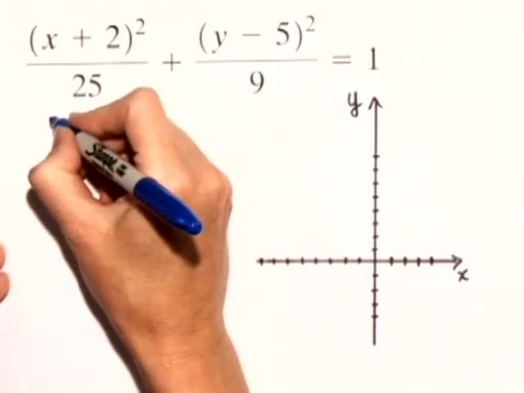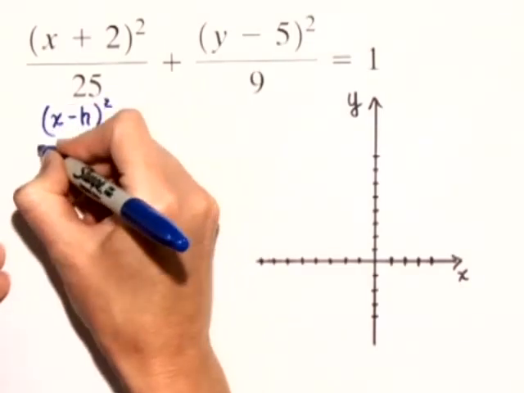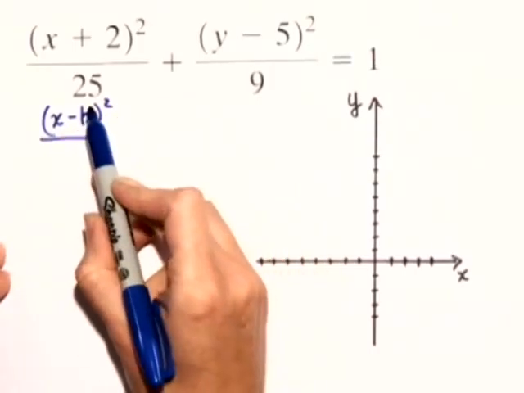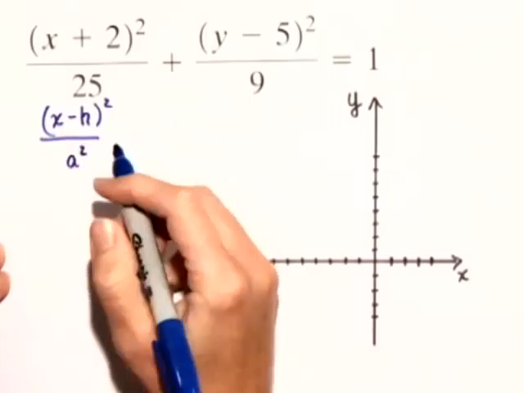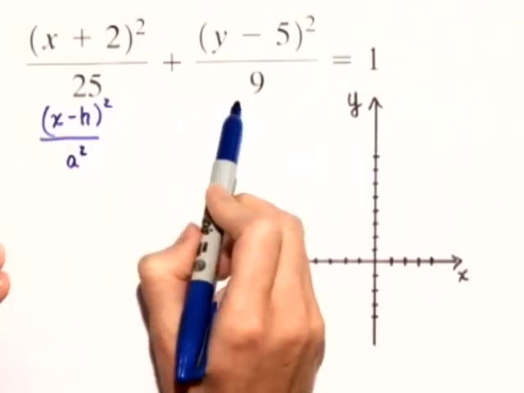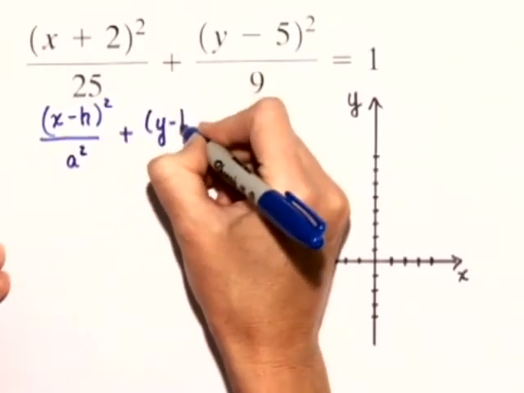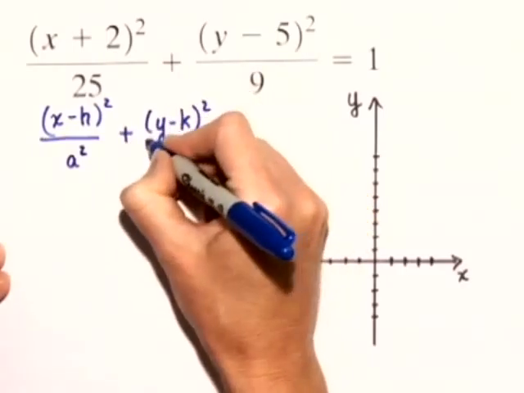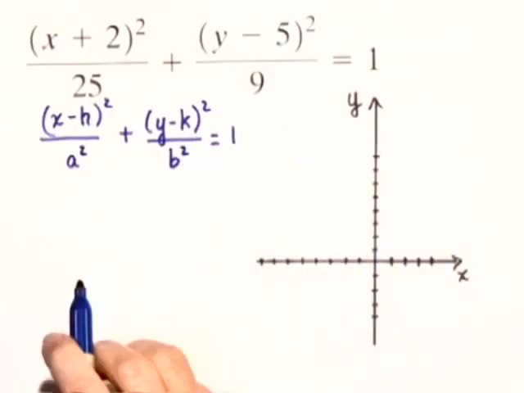The form is (x - h) squared over a squared, and we're going to write a squared under the x squared term because a squared is the larger of the two denominators, plus (y - k) squared over b squared is equal to 1.